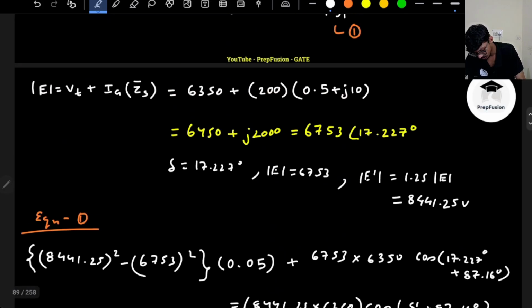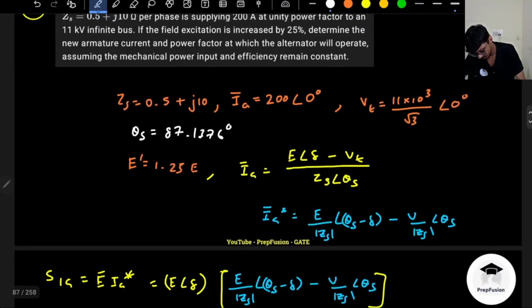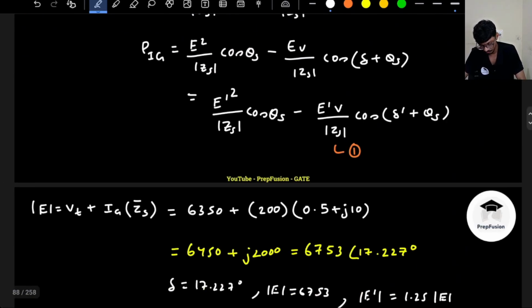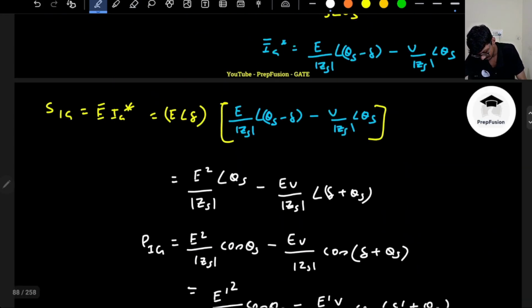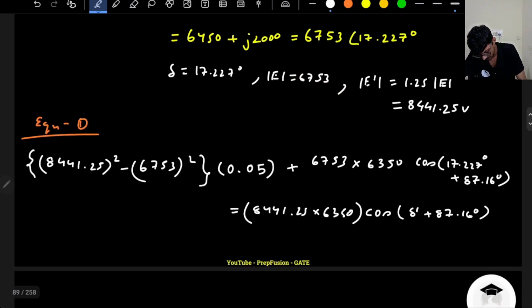Zs. So magnitude of Zs will be what? Magnitude of Zs will be this, 10 square plus 0.5 whole square, that is under root 100.25, into angle of theta s. So theta s I already know, that is 87.1376.